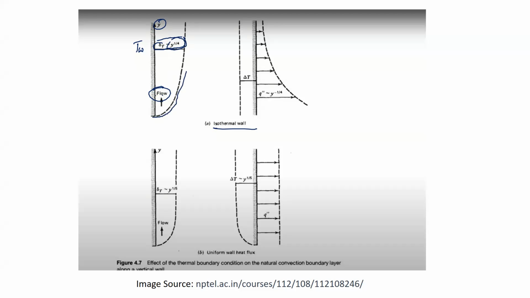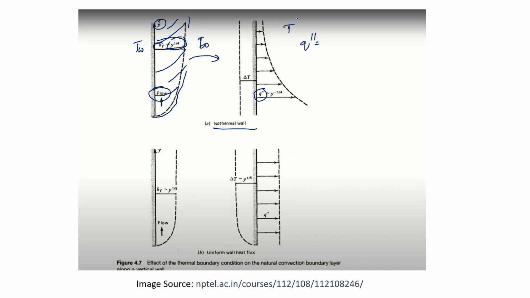So here it will be this thing. After that it will be somewhat thicker. So it becomes thicker, and finally it reaches the free stream and outside quiescent conditions. So T infinity is the outside condition. But just have a close look. Here, what will happen to the flux? The flux Q double prime is not constant.